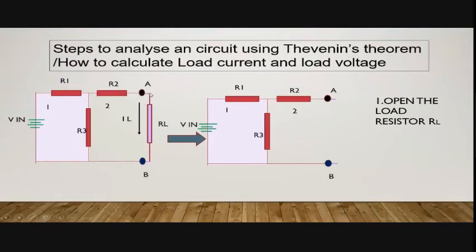What is IL? IL is the current through the load, that is RL, and VL is the voltage between the points A and B.